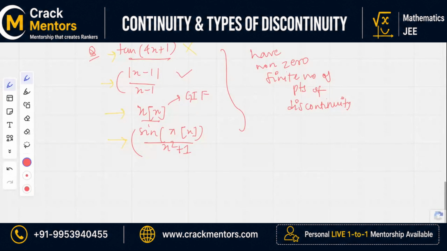The third one, other than 0, all the other integers will have jump discontinuity, so infinitely many discontinuities, so that's not valid. And the fourth one is sine pi times the greatest integer function of x square plus 1. Okay, yeah, this is also continuous everywhere, because x square plus 1 is always greater than 0, so not 0. And okay, that is a good way of seeing.